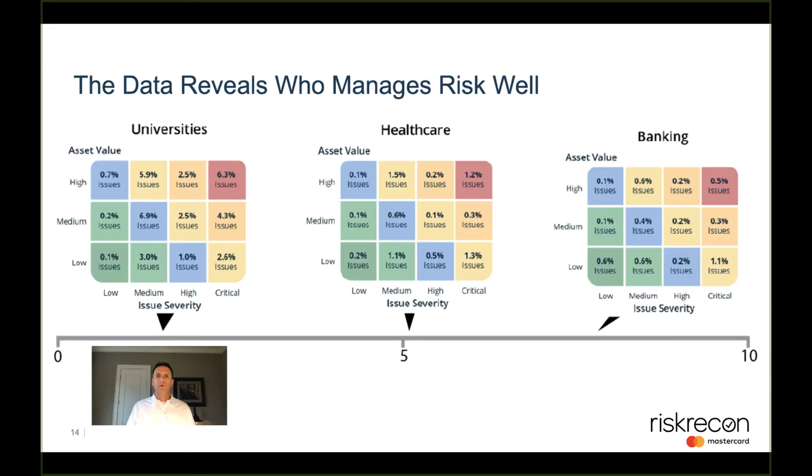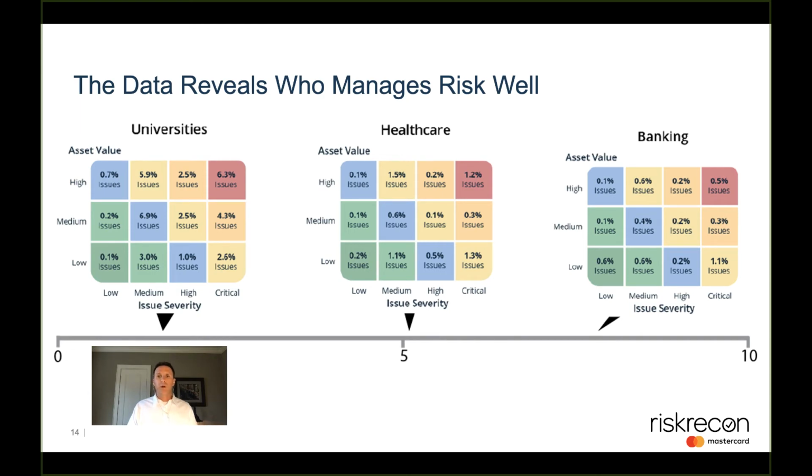While this approach helps organizations prioritize and address risk on a per-company basis, the effectiveness of this approach has been further validated when we look at large groups of organizations by industry. What you're seeing on the screen now is a sampling of the distribution of issues discovered by RiskRecon across organizations monitored in various industries.